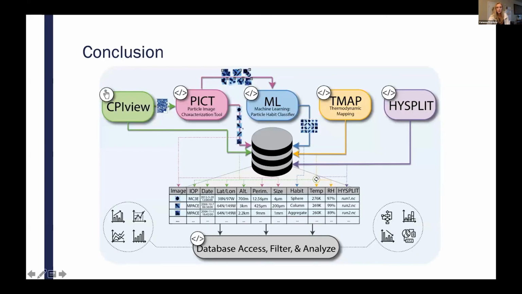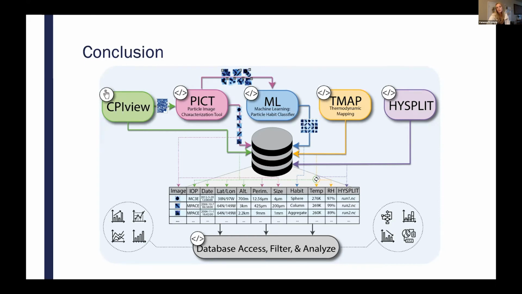And then here is a conclusion slide and an overall look at this project. So here's our final aim with the database on the bottom here. The way that this would work would be one particle or image per row, and then it would have the date and the latitude, longitude, and altitude all appended in separate columns.